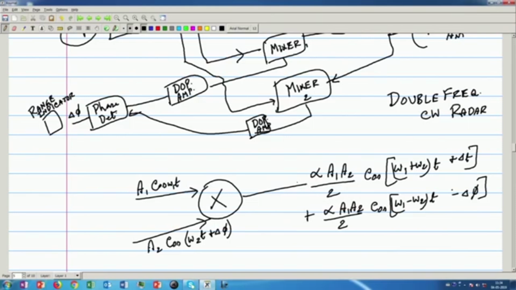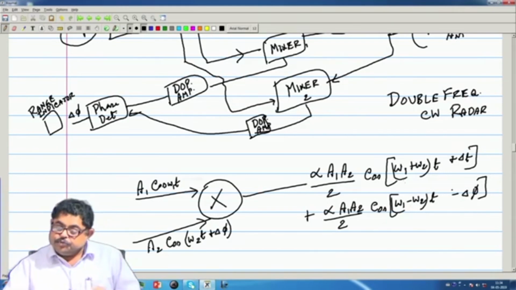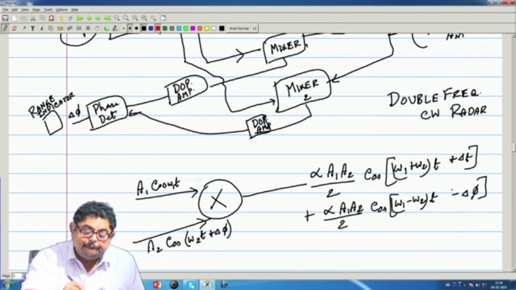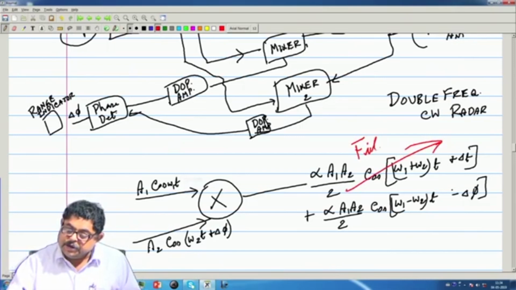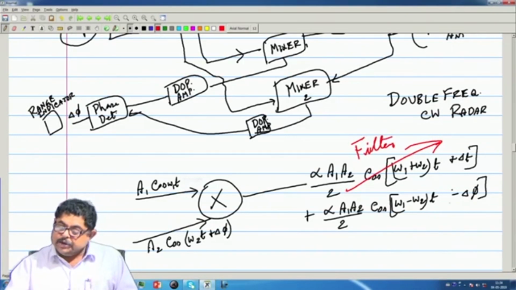That will remove the high frequency, also if omega 1 and omega 2 are nearby. So, this term is going out by filtering, and this term is very nearby, so this is almost 1.